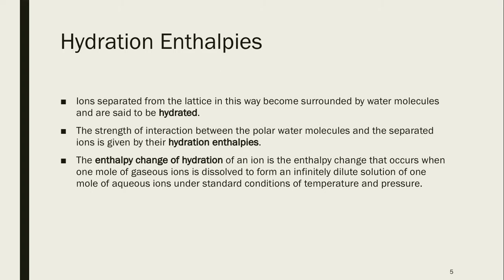The enthalpy change of hydration of an ion is the enthalpy change that occurs when 1 mole of gaseous ions is dissolved to form an infinitely dilute solution of 1 mole of aqueous ions under standard conditions of temperature and pressure.